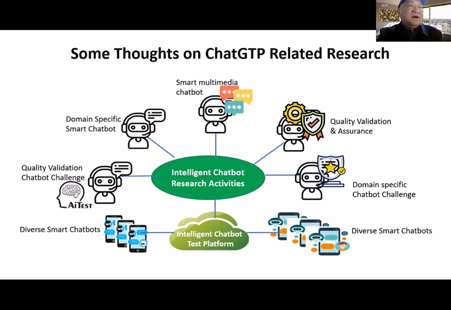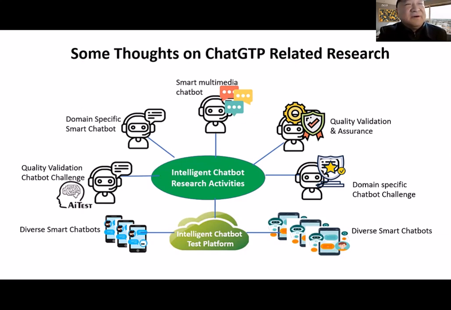And now I have some groups that already started a multimedia chatbot machine learning project for a while, especially targeted at a specific domain. It's impossible to support non-domain, a general universal service. I don't believe this is useful. I believe if you focus on a domain, that chatbot could be useful. So this could be special for a special kind of application or tool or IT, this kind of chatbot.